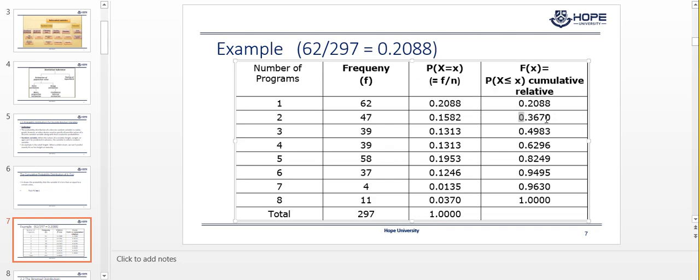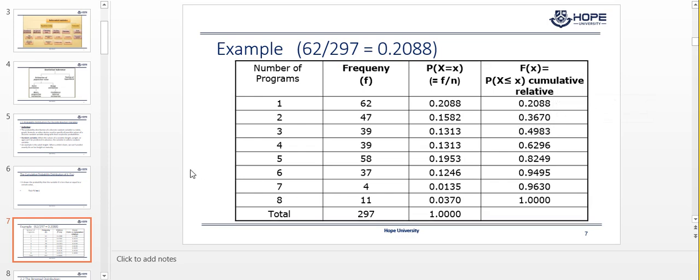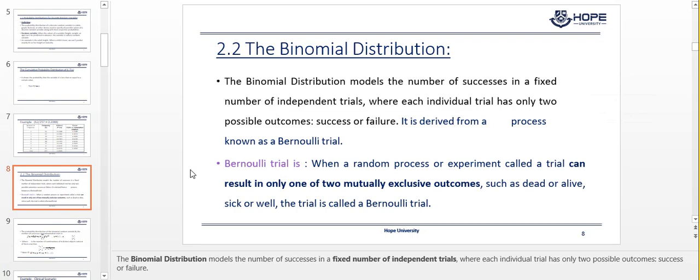After that, we receive this number: 0.2088 plus 0.1582, we receive 0.3670. Like that, this number we receive by adding this number to this number. All of them are like that, the same as the first two columns.